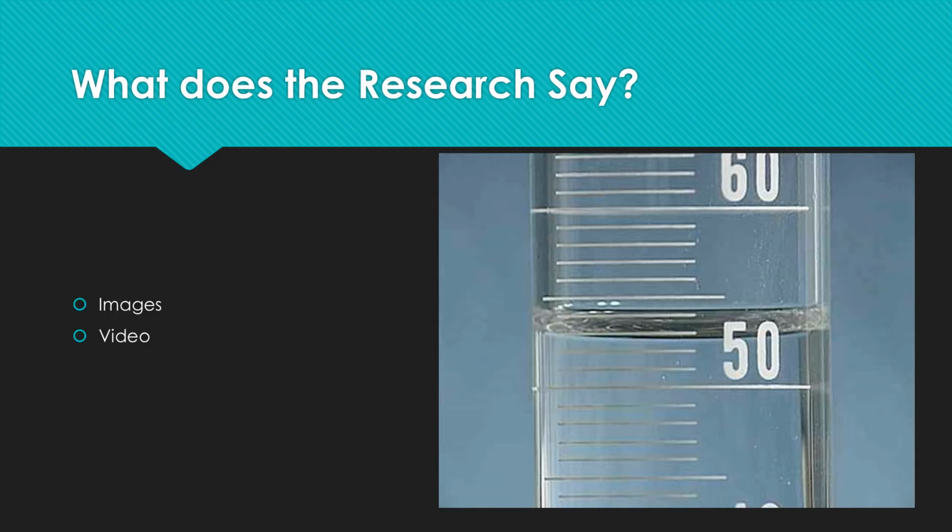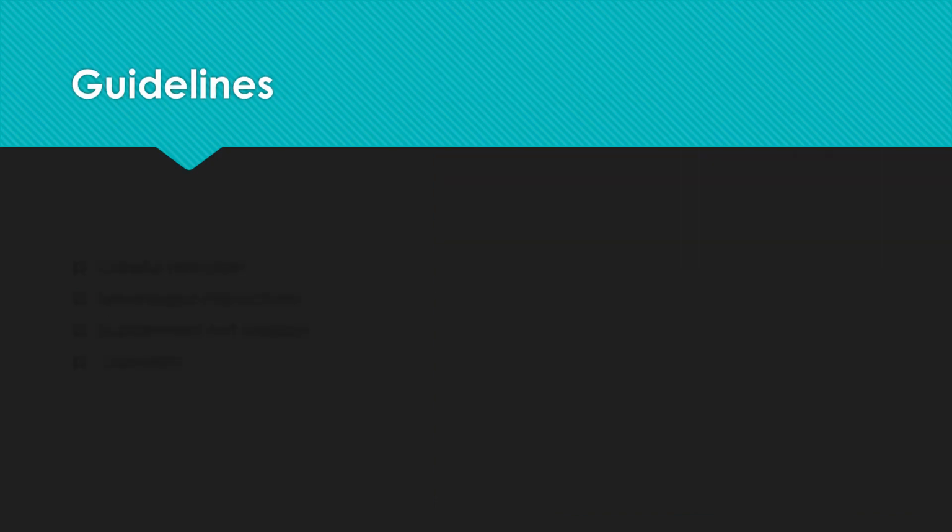We'll go over that here in a second. But basically, it's kind of a hung jury about videos, and a lot of it's because teachers use videos as a way to let them off where they don't have to teach, and that's really not the right thing to do. So we'll just go over some guidelines about what best practices are for using videos and images.